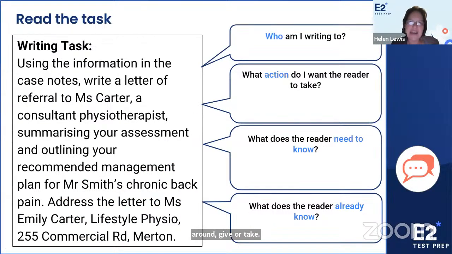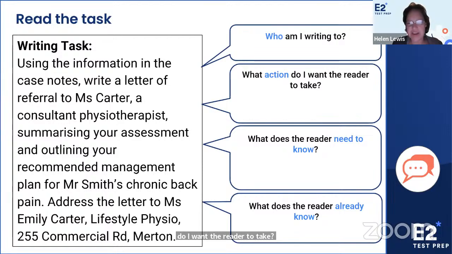Okay, so now let's think about some questions that you'll ask yourself when you read the writing task. 4 questions. First one, who am I writing to? Second, what action do I want the reader to take? What does the reader need to know?